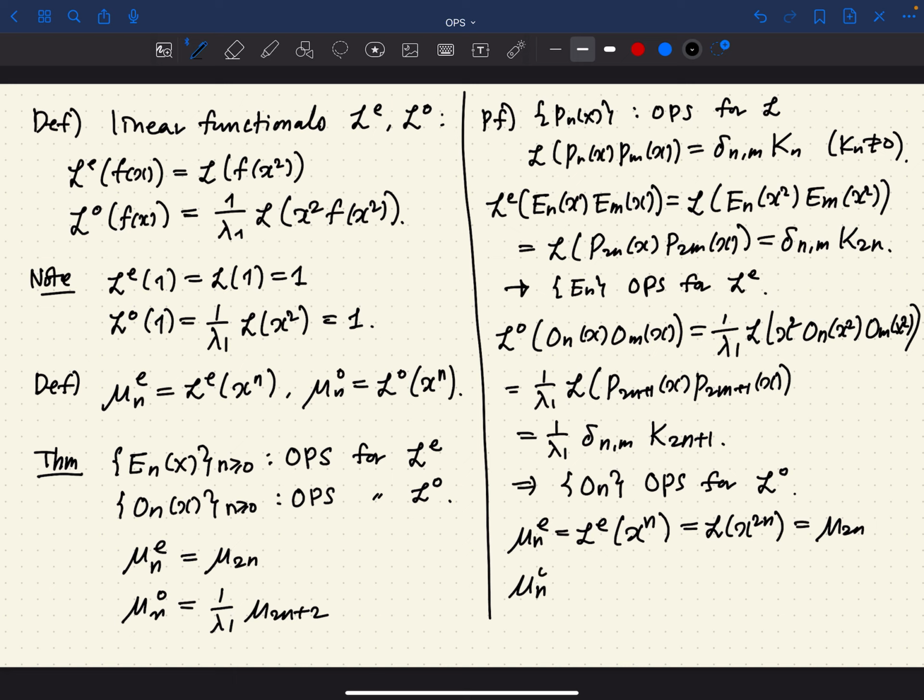And mu n O is, sorry, we should write this first, this is the definition of mu n O. By definition of L super O, this is 1 over lambda 1 L of x squared times x to the 2n. But of course, this is 1 over lambda 1 mu 2n plus 2. So that is the end of the proof.